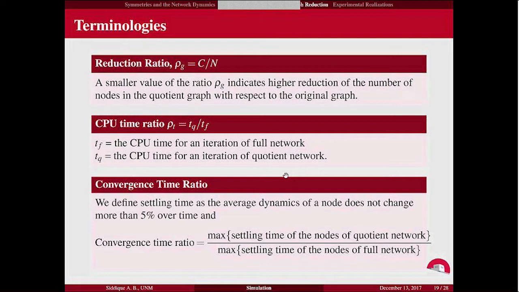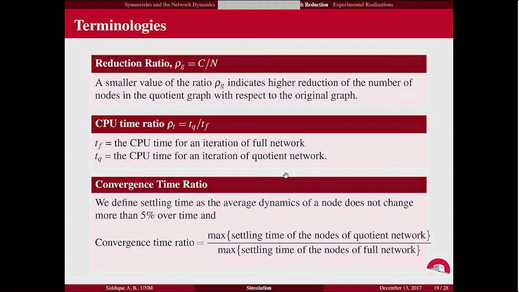We defined the reduction ratio earlier, and now I'd like to define the CPU time ratio. We define the CPU time as the CPU time for one iteration of the game, and the CPU time ratio is the ratio of one iteration in the quotient network versus the full network.